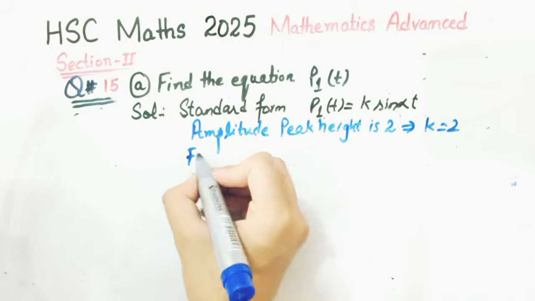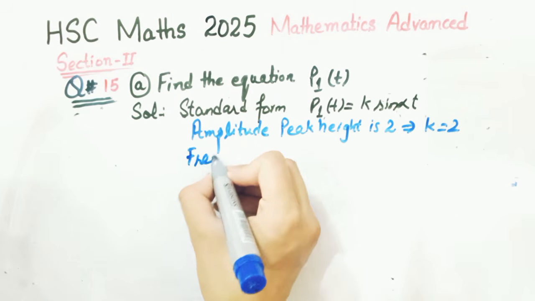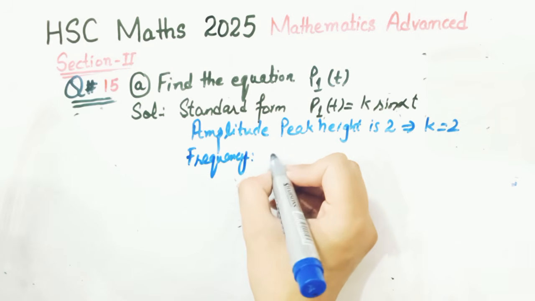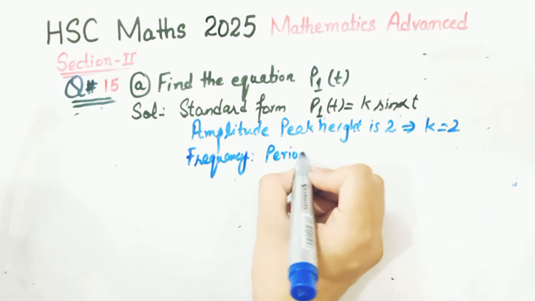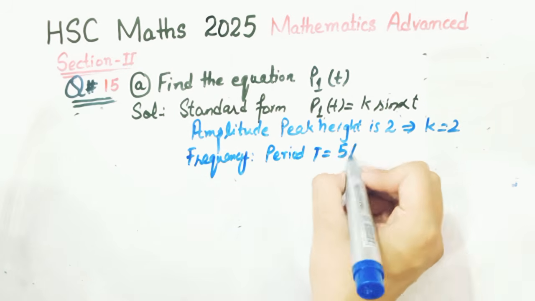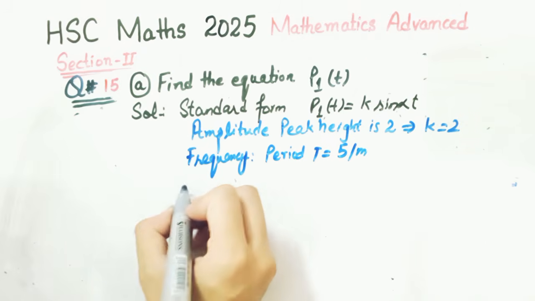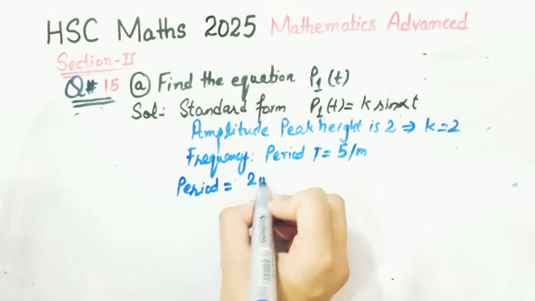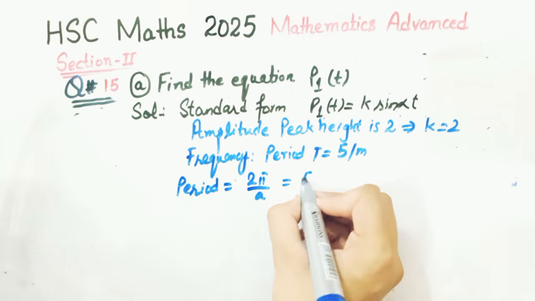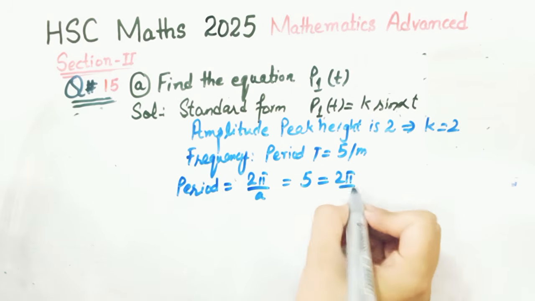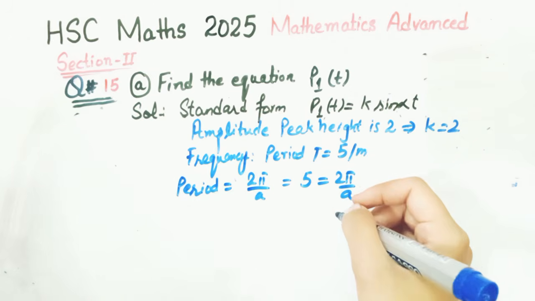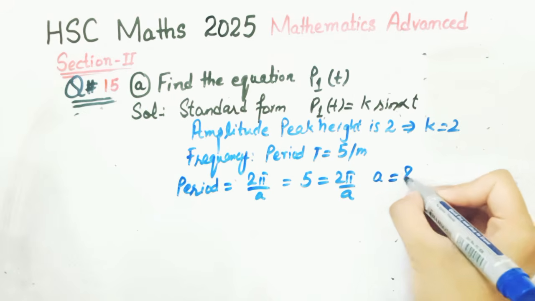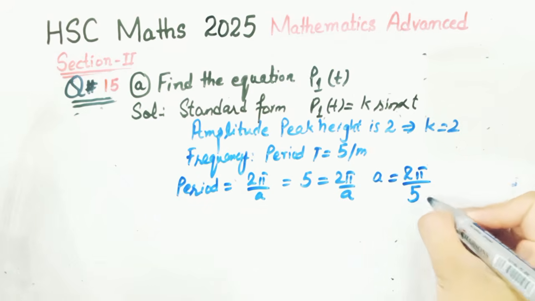Now the period is given as 5. The period is also found by 2 pi by a, so write 2 pi by a equals 5, and you have to find the value of a. So a is 2 pi by 5.